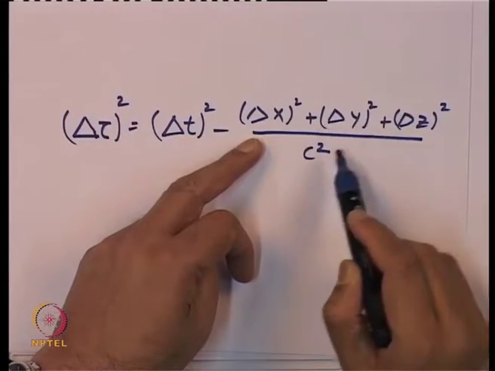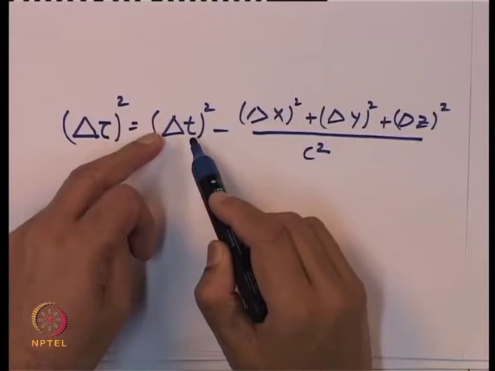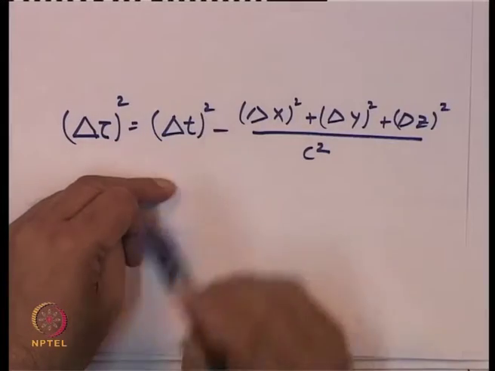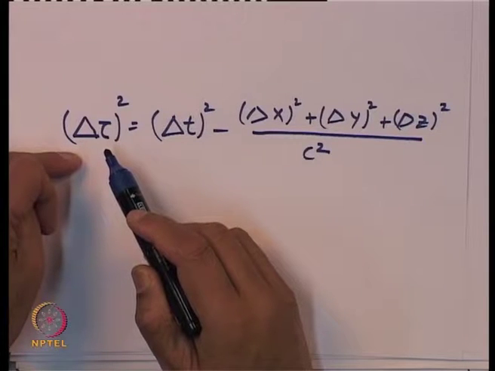We also notice from this equation that if delta x square plus delta y square plus delta z square divided by c square turns out to be larger than delta t square, then this whole quantity will turn out to be negative and delta tau will turn out to be imaginary.